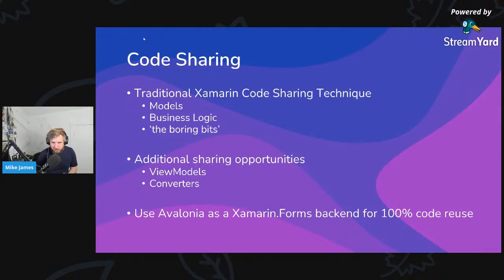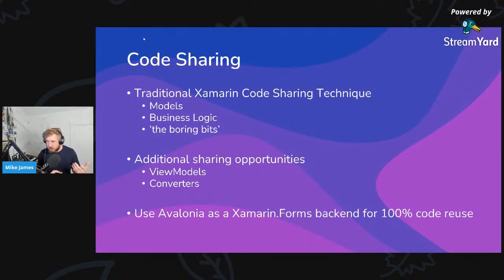I forgot I was even going to mention this, but there's also a community-backed project. It's not from the Avalonia team, but there's an individual who's actually got a Xamarin.Forms backend running on Avalonia. If you think about Avalonia as the spiritual successor to WPF, just like with Xamarin.Forms you have a WPF backend, you can build your Xamarin.Forms app and it will run using WPF. We can actually do the same thing with Avalonia.